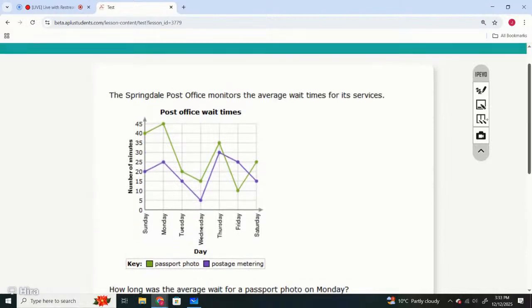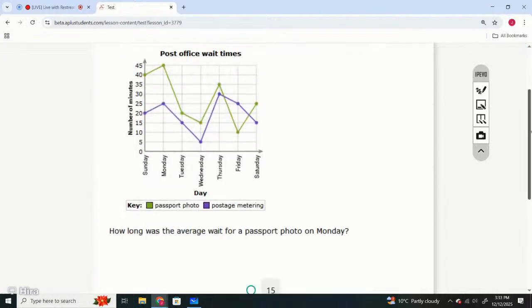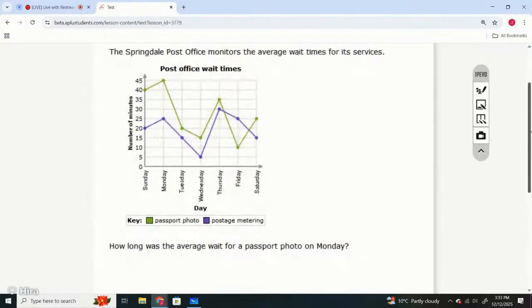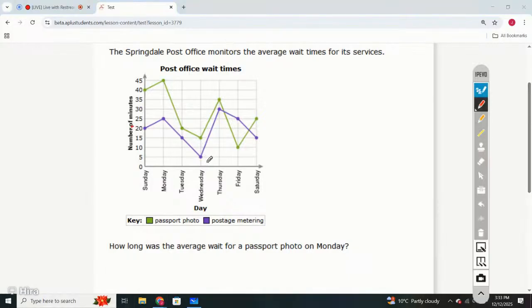Okay, the next one is the Springdale Post Office and the average wait times for its services. How long was the average wait for a passport photo on Monday? Monday, passport photo. The green color represents the passport photo.